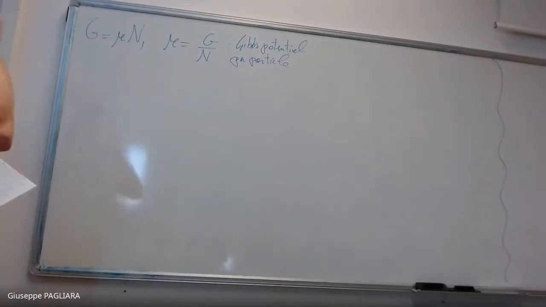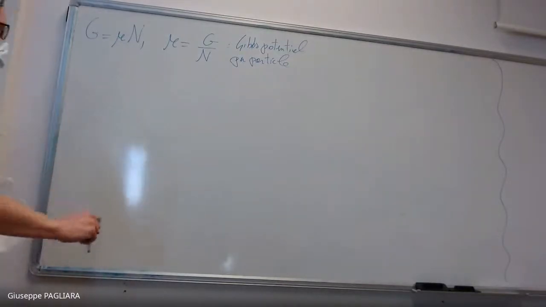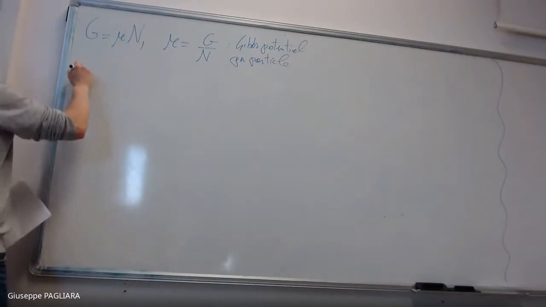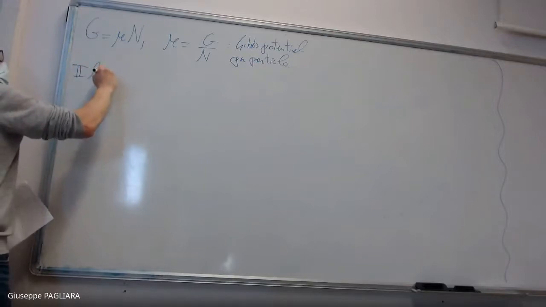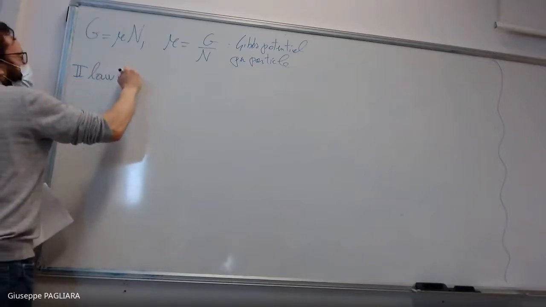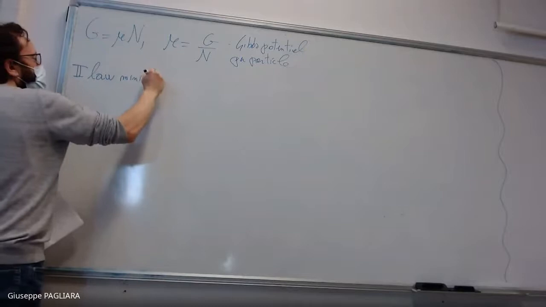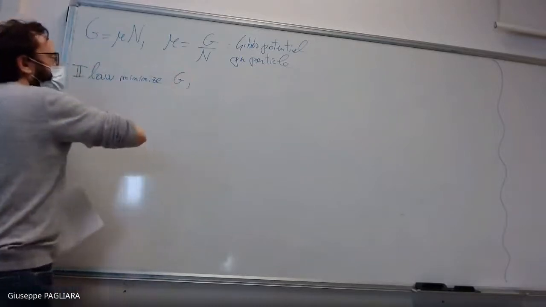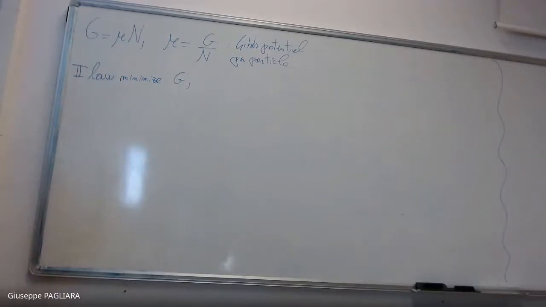And now let's make a plot of mu as a function of P and T by reminding that from the second law, one has to minimize G. And that means that in the mixed phase, the two phases are separated, but they are in chemical, mechanical, and thermal equilibrium.